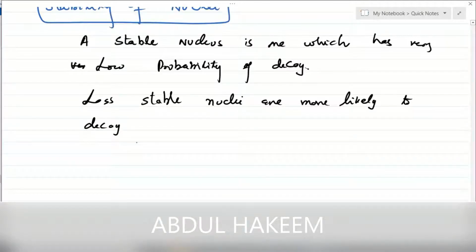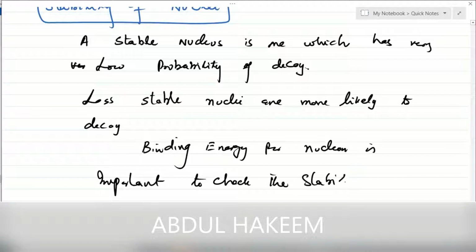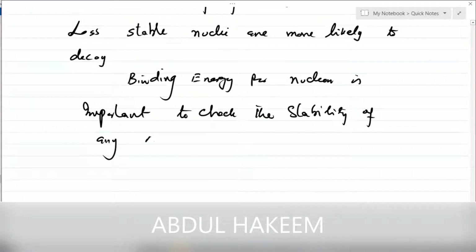Now, there is an important thing to check the stability of the nucleus, and that is the binding energy per nucleon. So binding energy per nucleon is important to check the stability of any nucleus.